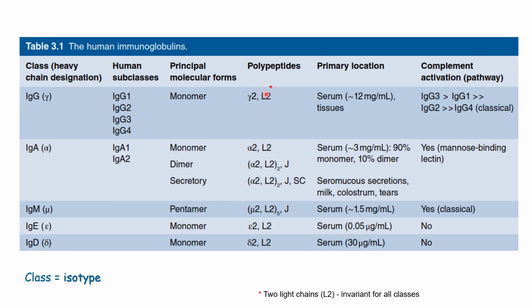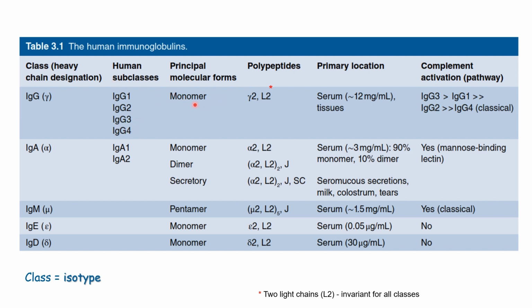The light chains, in terms of their constant region, are the same for all of these different classes, so there are no Greek letters here, it's just the light chain. And of course there are two of them and two heavy chains. We can also have something called subclasses, so we have IgG1, IgG2, IgG3, and IgG4.